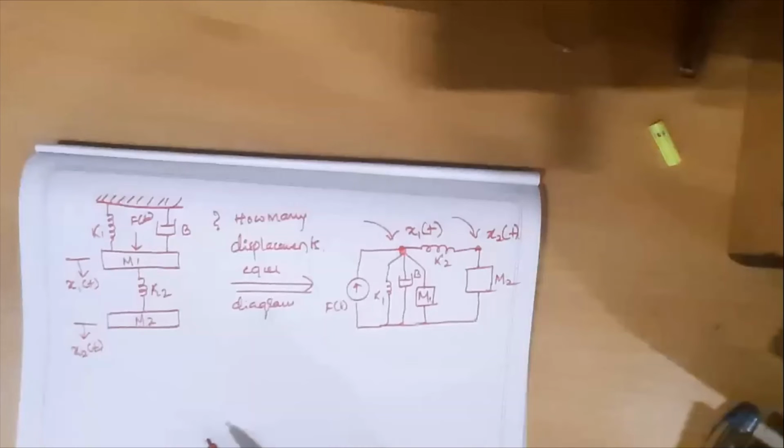Sir, f of t, we represent it as a current source, right? Is it always represented as a current source, or can we use a voltage source also? Okay, I'll take this question and answer soon.